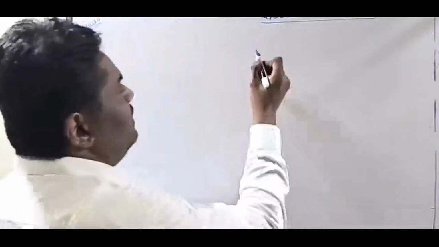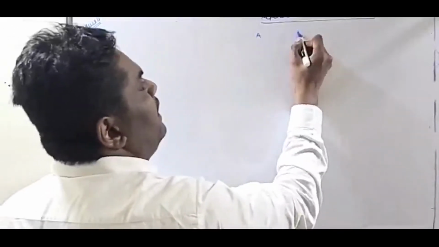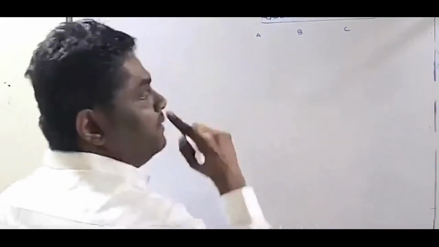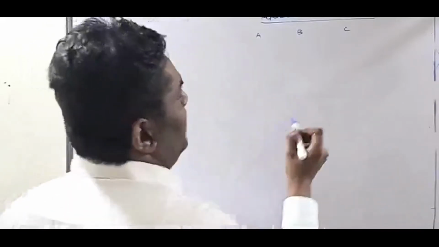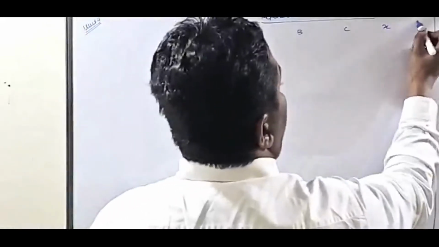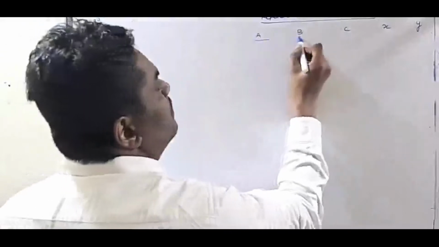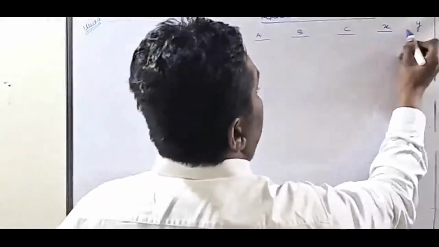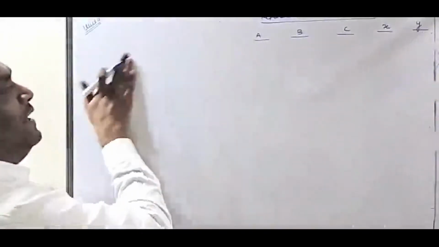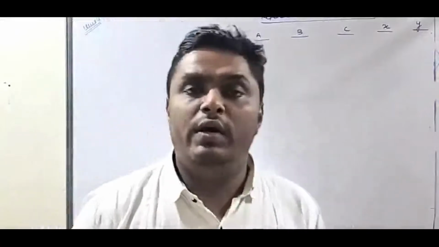In illustration number 4, there were 3 production departments, A, B, and C, and 2 service departments, X and Y. We have already distributed the overheads.